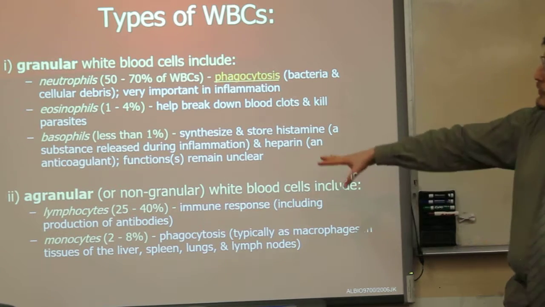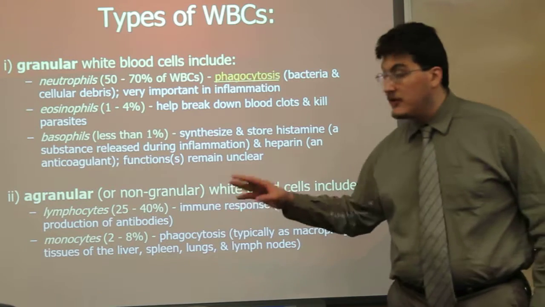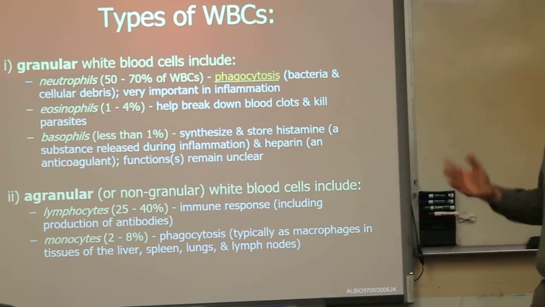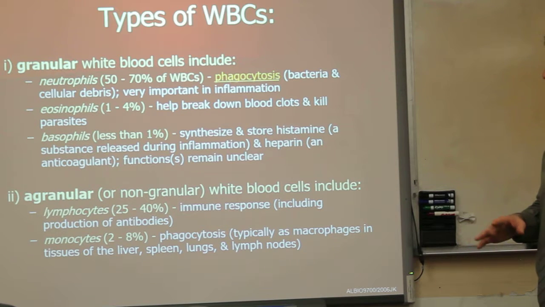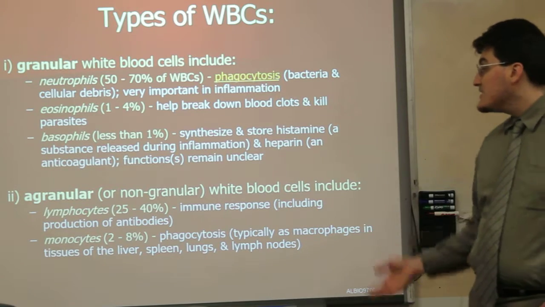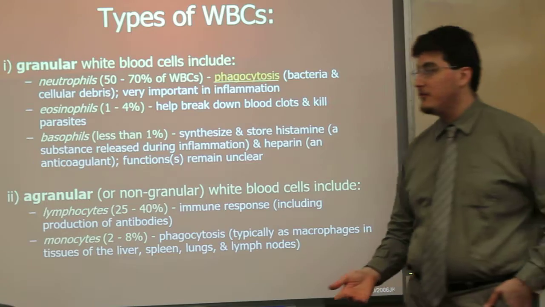Lymphocytes are 25 to 40% of your cells. They function in the humoral immune response through the production of antibodies. Monocytes are 2 to 8% of your white blood cells, and they mostly do phagocytosis, typically as macrophages in tissues like the liver, spleen, lungs, and lymph nodes.